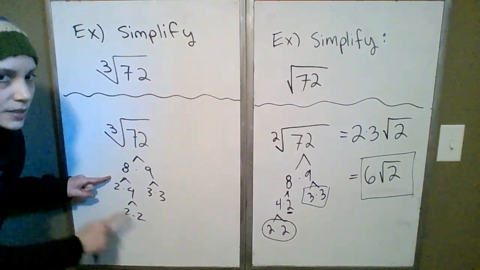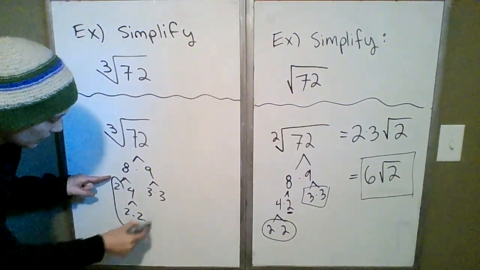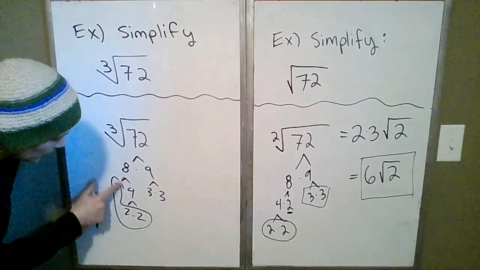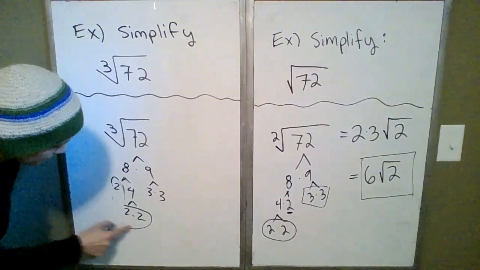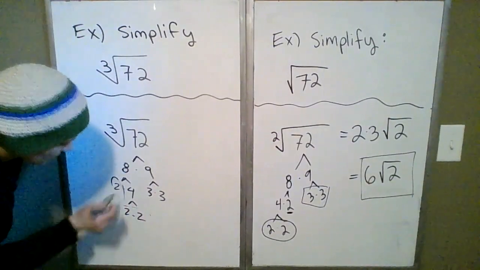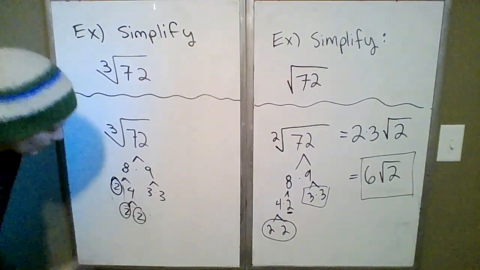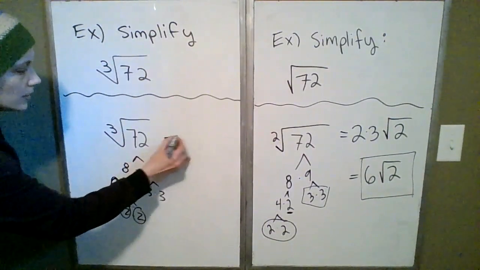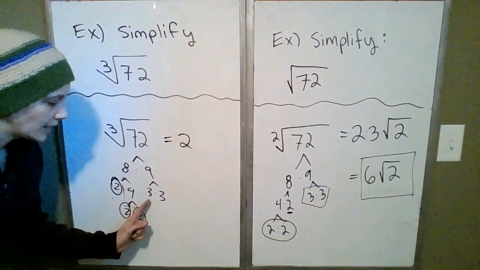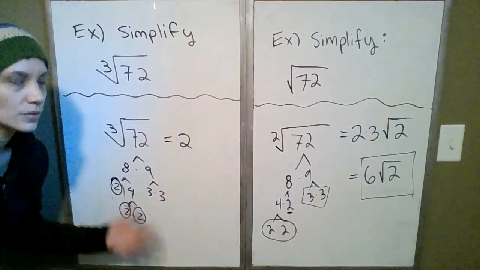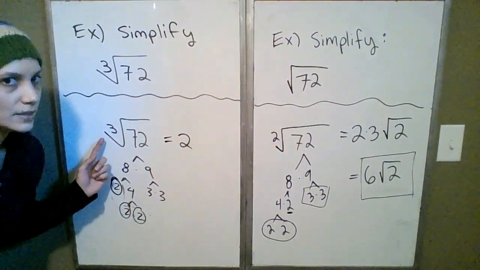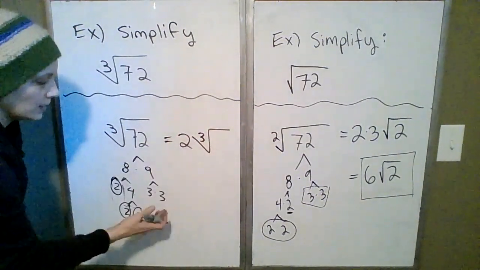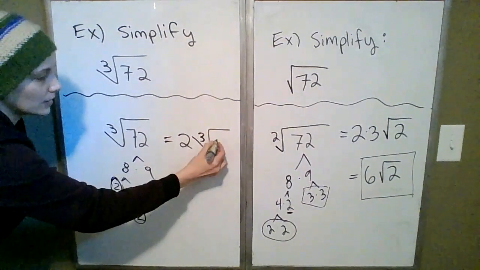So since I have 3 2s, or maybe we'll circle, there's 1, 2, 3 of these, so I can bring out the factor 2. But I don't have 3 3s, there's only 2 of them, so they have to stay underneath the cubed root. So that 9 stays under here. 3 times 3.